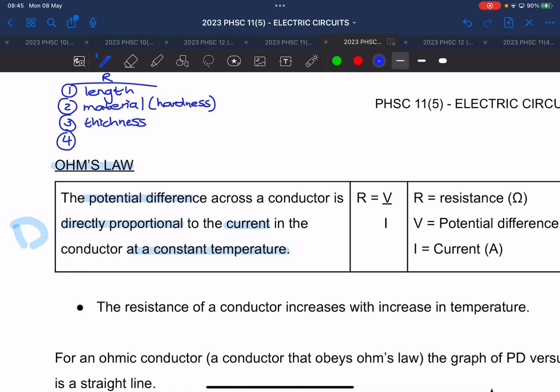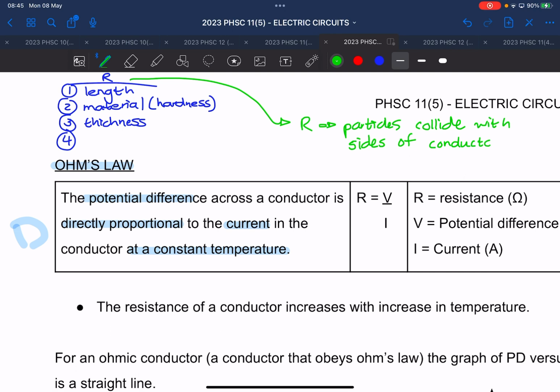Okay. So on that note, from grade 10 notes, resistance is when particles collide with the sides of the conductor. Are you writing? Okay, that is what resistance is.